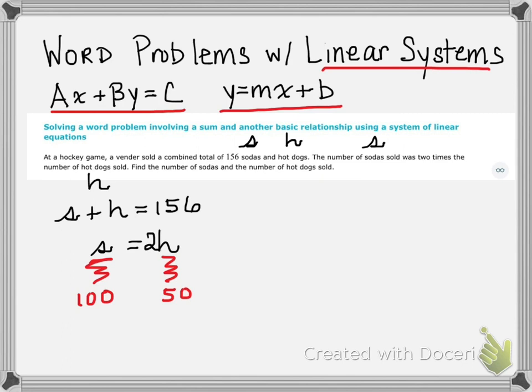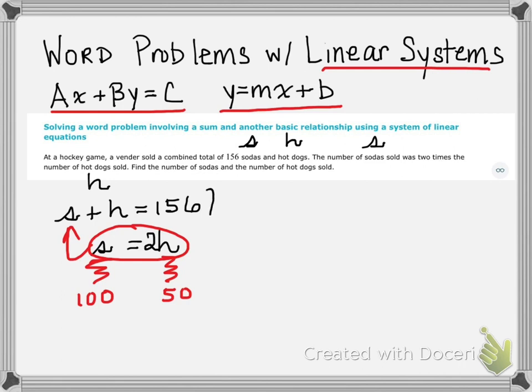How do I solve a system of equations? One way is by elimination, but another way is by substitution. And here we can see that I'm ready to make the substitution, right? I know that S is equal to 2H, so I can substitute for S here.